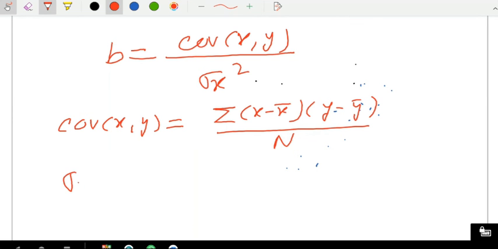Sigma x is nothing but the sum of x minus x bar whole square, divided by n. So keep in mind, x minus x bar whole square, then take sigma, meaning summation, and divide by n. But in this formula, while calculating b, we are using sigma x square. So you can square this entire value while calculating the b.